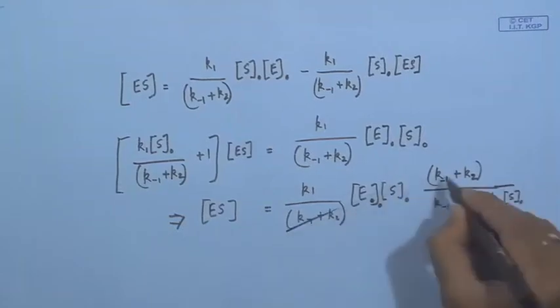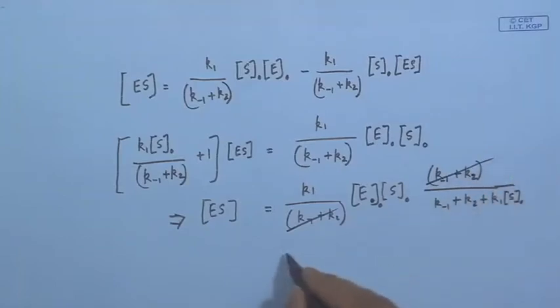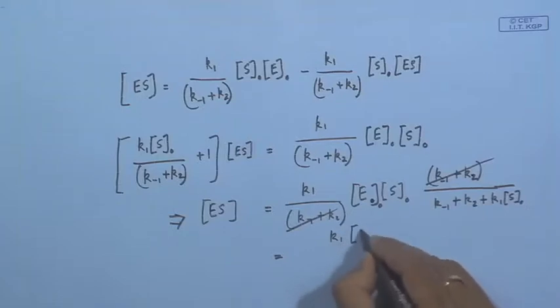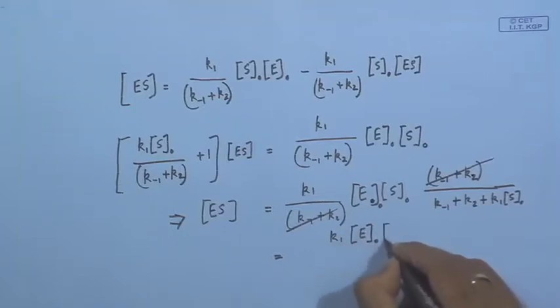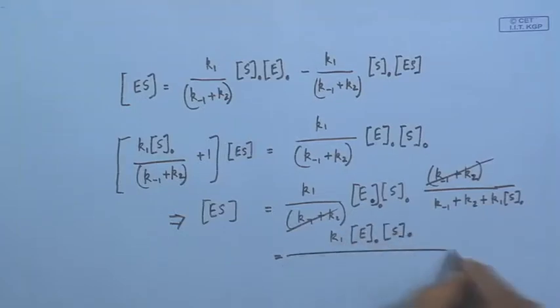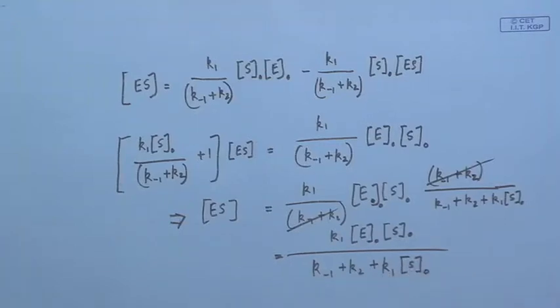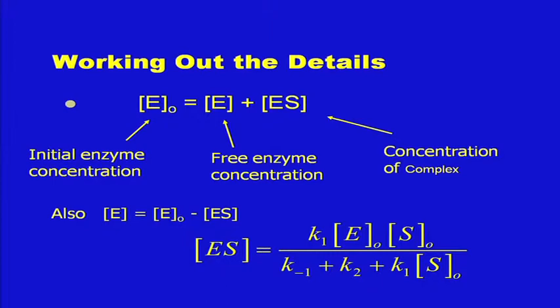So, these two cancel. Therefore, it will be k1 E0 S0 divided by (k minus 1 plus k2 plus k1 S0). So, this is the enzyme substrate complex concentration. Okay.